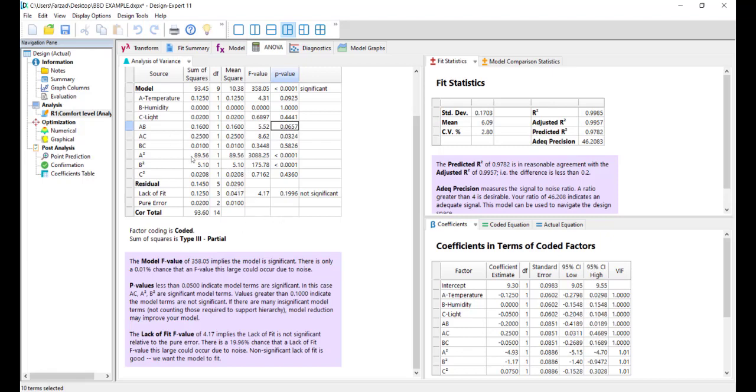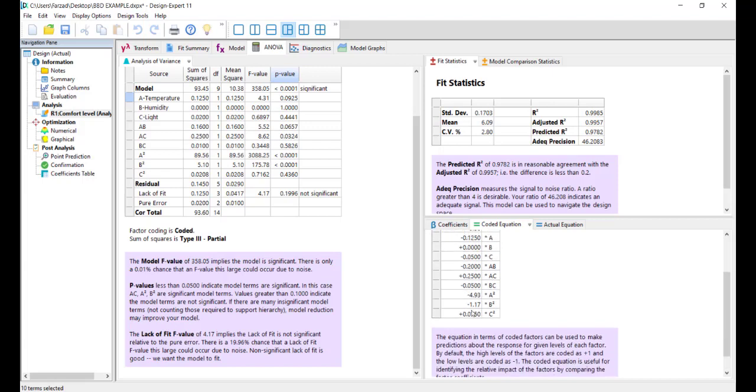Usually, these significant or not significant terms show which factor is effective on the comfort level and which is not. For example, here we understood that humidity is not effective and temperature is the most effective factor on the comfort level of the room.